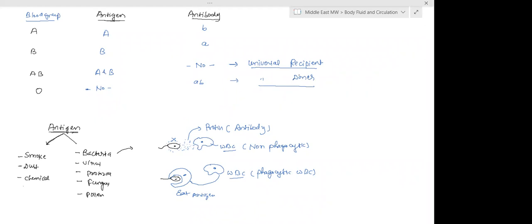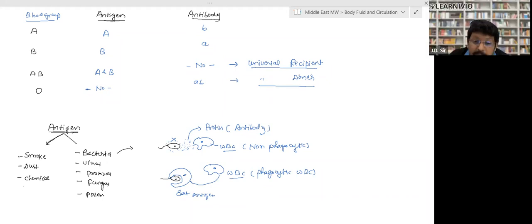Yes, sir, what are these, like A antigen and B antigen? AB has both kinds of antigen, A and B, right? If you give AB blood to a person with A blood group, it has B antigen, so the formation of antibodies will start. Suppose I am a person with A blood group.